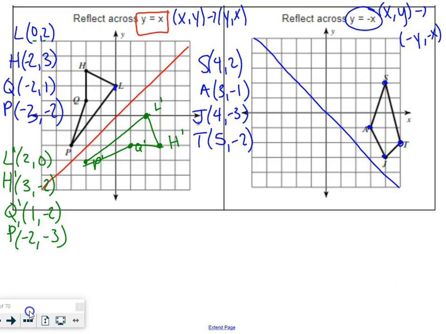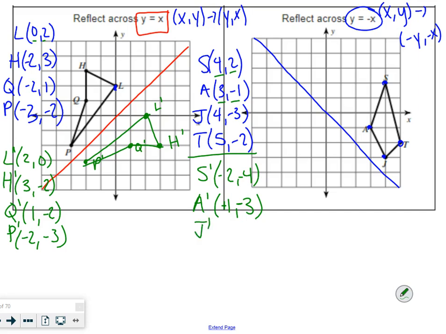So now, write coordinate points for the primes. We have S prime. We'd flip 2 and 4 and make them the opposite, so they'd both become negative instead of positive. For A prime, flip 3 and negative 1 and make them the opposite, so this negative 1 would become positive 1, this positive 3 would become negative 3.